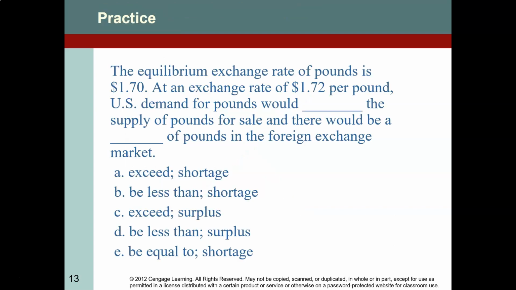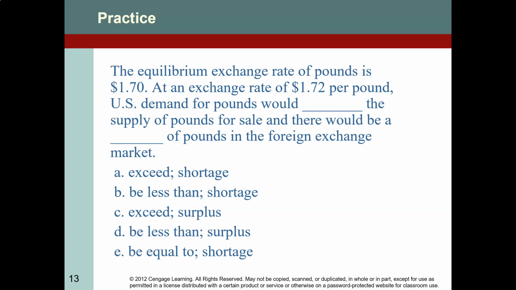Practice. The equilibrium exchange rate of pounds is 1.7 US dollars, and the exchange rate is 1.72 per pound. US demand for pounds would be blank the supply of pounds for sale, and there would be a blank of pounds in the foreign exchange market. Think about it.